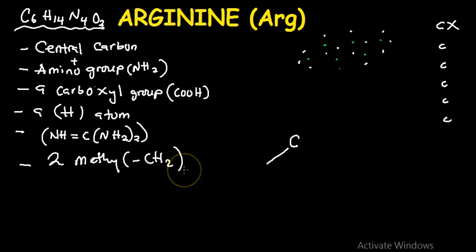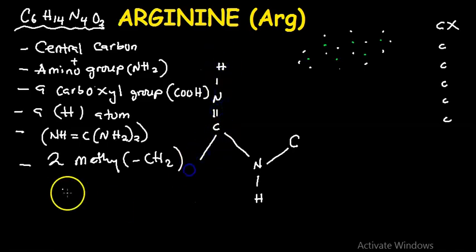The guanidino group also has what? It has 1 carbon. In this case, we're going to put N here connected with hydrogen. Remember, this is what I drew to be our guanidino group. Here we're going to have a carbon, which is double bonded to nitrogen and hydrogen.